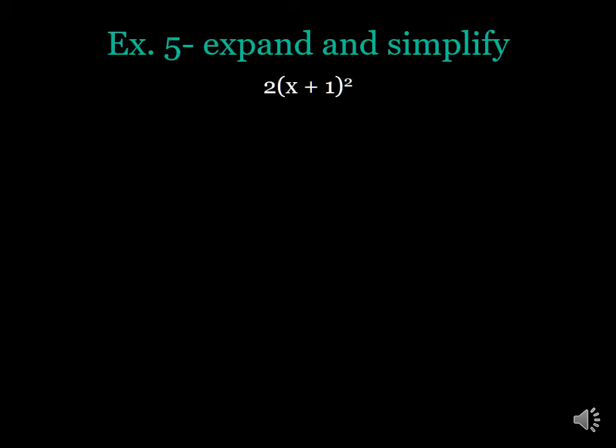Okay, getting a little bit more involved yet again. Still expand and simplify. This looks similar to what we just did in number 4, except there's actually now a number out front. That looks like our a value, if you remember from vertex form. So there are two ways to do this.